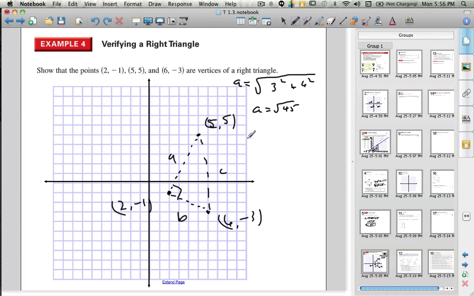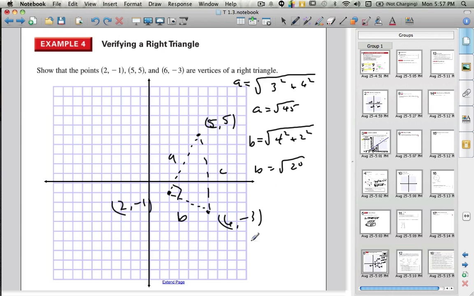If we take a look at b, b will be equal to the square root of the difference between this point and this point. So 6 minus 2 is 4 squared, and negative 3 minus negative 1, that's 2 squared. So b would be equal to 16 plus 4, the square root of 20.